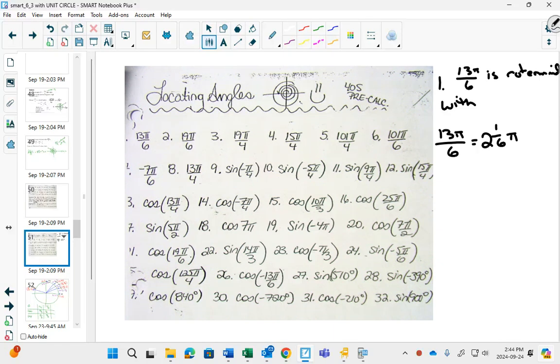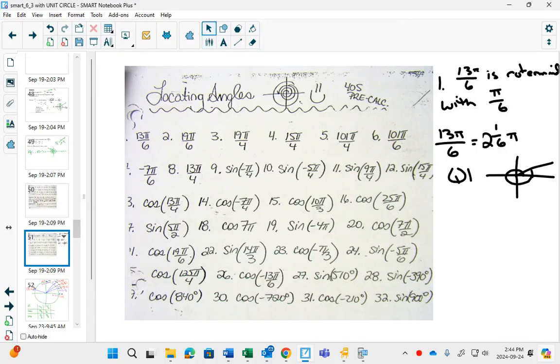And you see that that's in quadrant 1, because 2 pi would end at the positive x-axis, and 1/6 is less than half, it's going to end in quadrant 1. So we can say that 13 pi over 6 is coterminal with pi over 6. Then assignment 2 says, what is the coordinates at pi over 6? From your unit circle, the coordinates are root 3 over 2, 1/2.